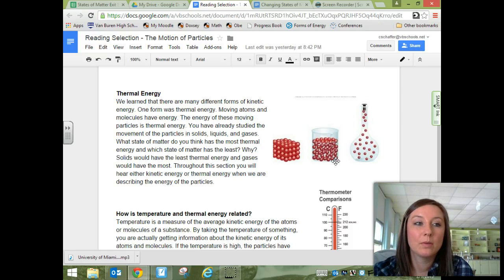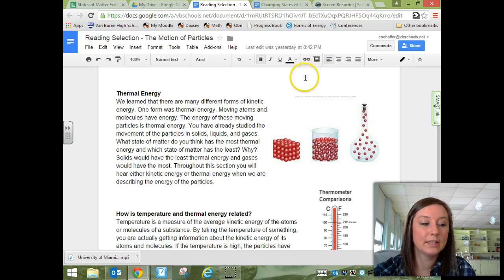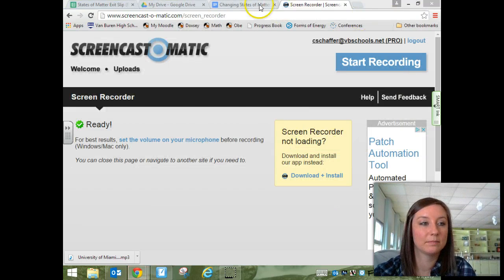One thing that I really want to point out here is that we say that gas is moving very quickly, but the gas, depending on the temperature that it's at, can actually be changing. So before we jump into how it can change, let's stop and get some notes on thermal energy.